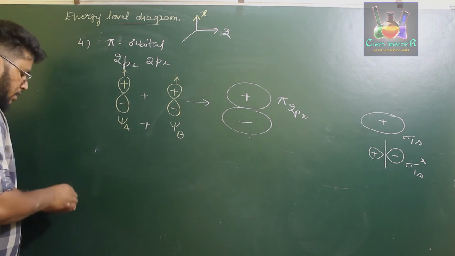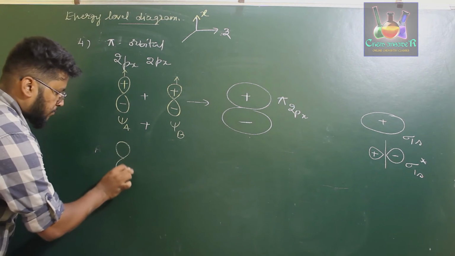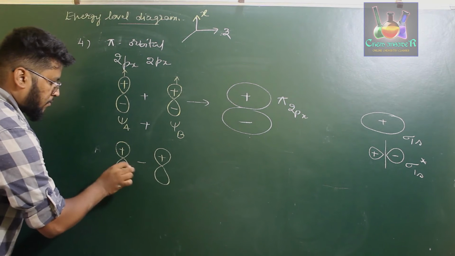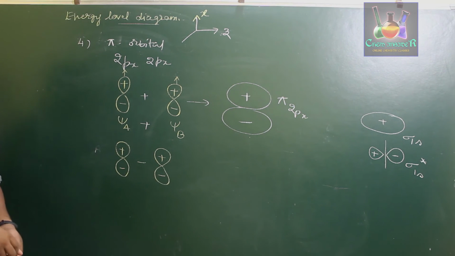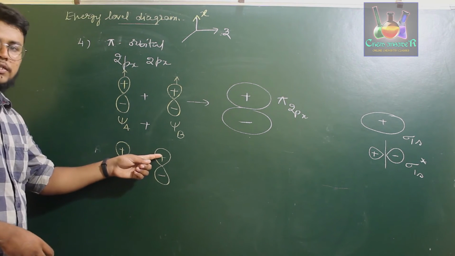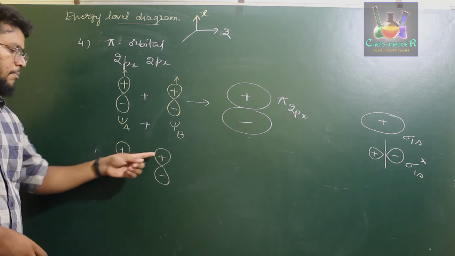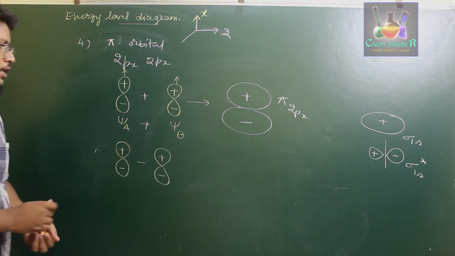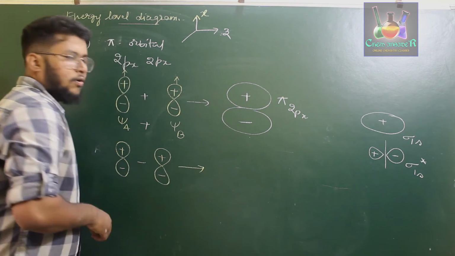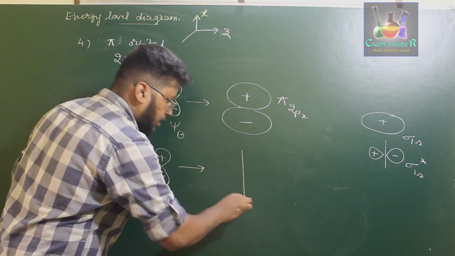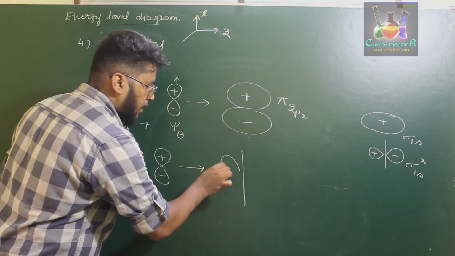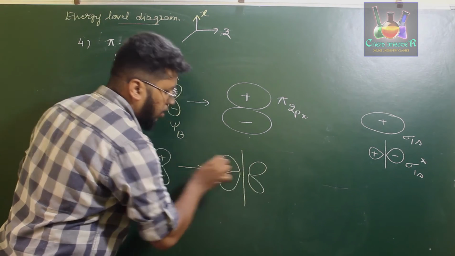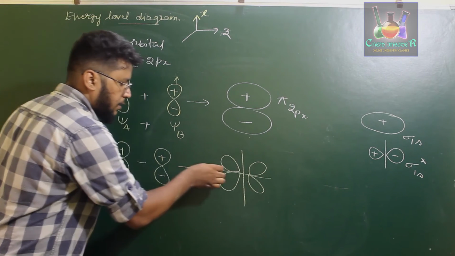If you consider psi A minus psi B, the positive of minus is negative, negative of plus is minus, into positive, minus into plus is minus, minus into minus is plus. Therefore, it undergoes overlapping in such a way that we clearly will have a node present in it, and further we will be having one more node between the orbitals also. So there is one more node at this particular position.